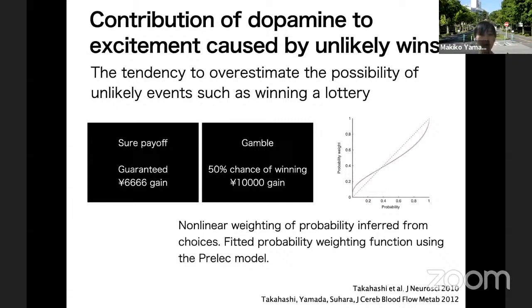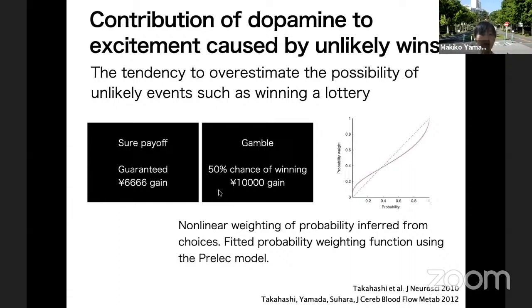In the case of gamble, it's a 50% chance of winning to gain this amount of money. And then the probability and the amount of money is changed many times, and each time subjects are asked to choose which choice they prefer.